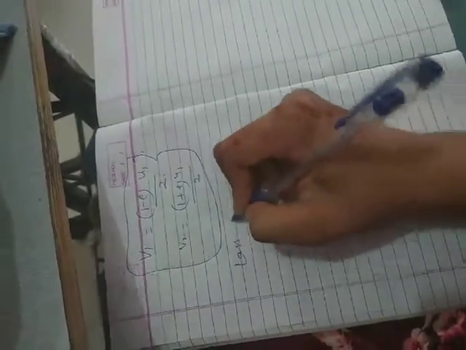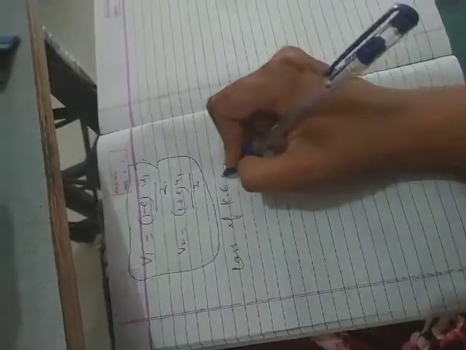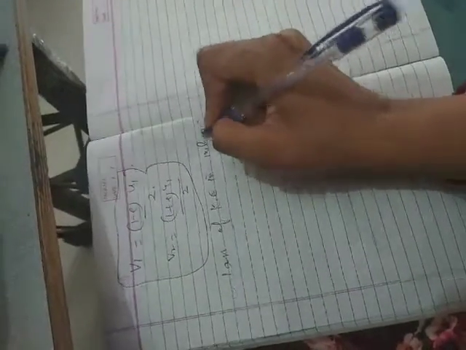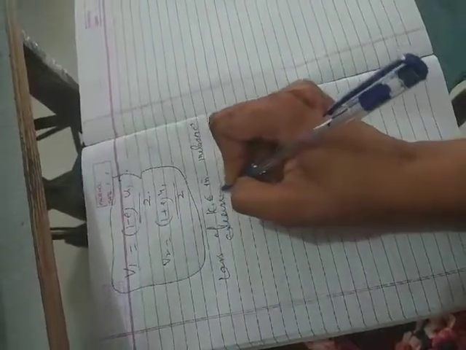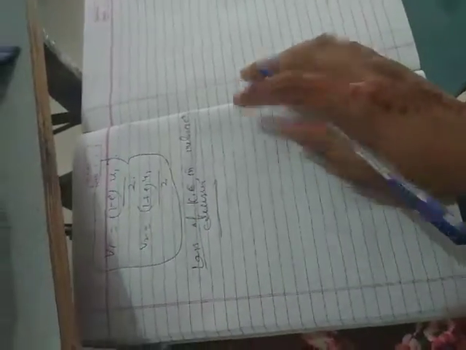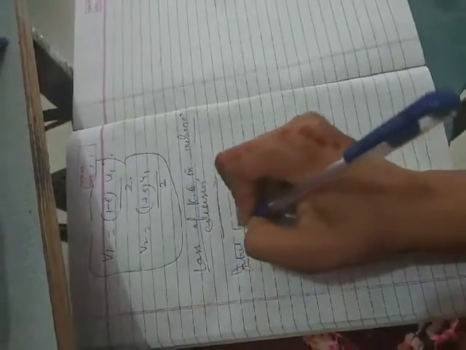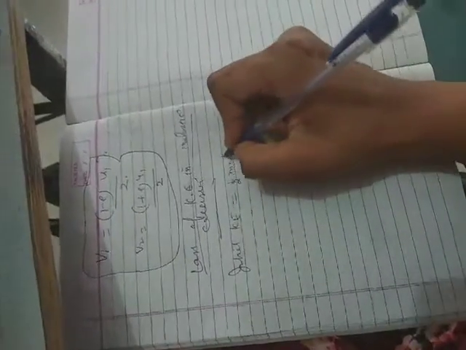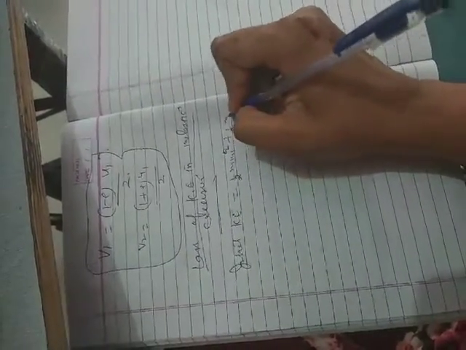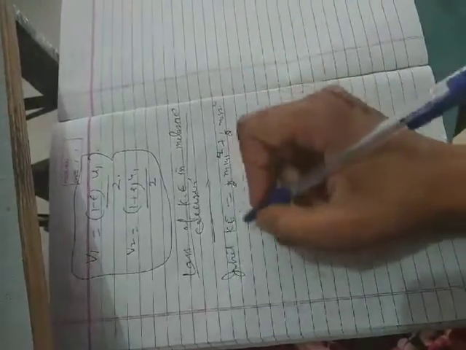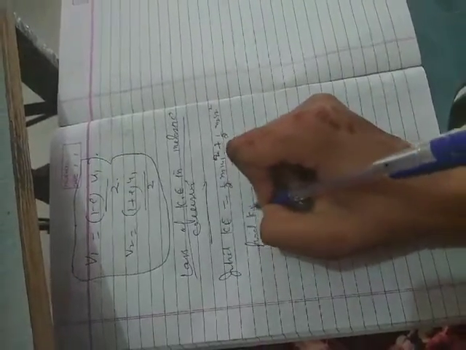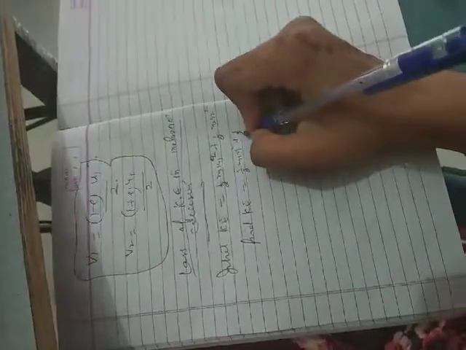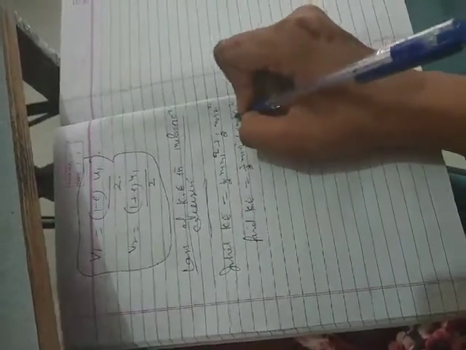Now loss of kinetic energy in the inelastic collision. What will be the loss of the energy? Clear? Initial kinetic energy is equal to half m1 u1 square plus half m2 u2 square. Final kinetic energy is equal to half m1 v1 square plus half m2 v2 square.